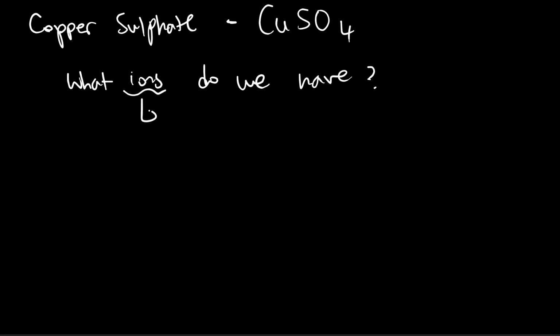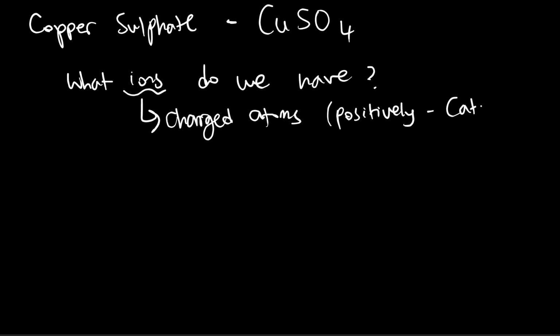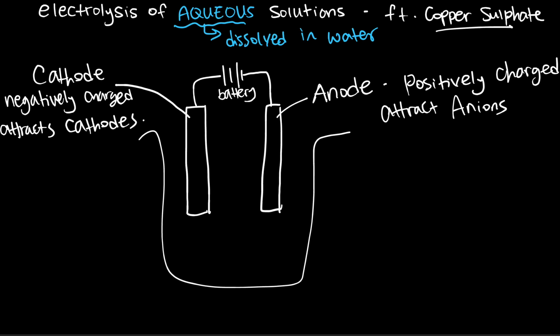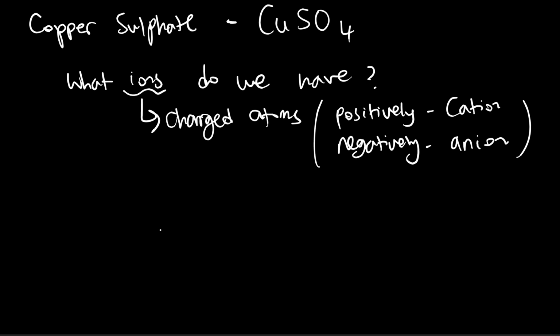If you forgot what an ion is, ions are basically just charged atoms. So usually atoms will be neutral, but if they lose or gain electrons, they'll either become positively charged, which means it's a cation, or negatively charged, making it an anion. And this is what gets attracted to either side of our electrolysis setup, essentially.